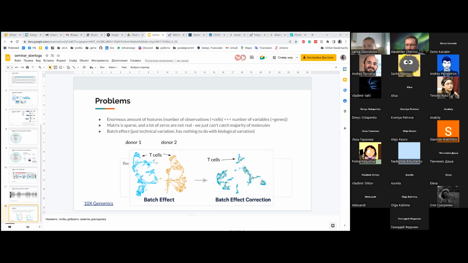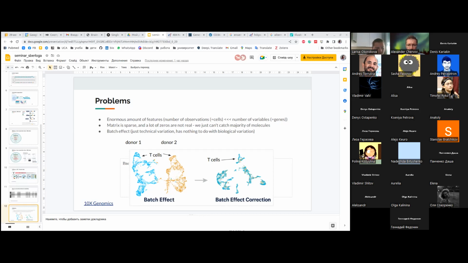There are some publications about this, the correlation of RNA level and protein level, and in general, it's quite good. So we always know where to find the exception. Let's say erythrocytes. They don't have a nucleus, but they can produce new molecules of proteins for quite a long time.